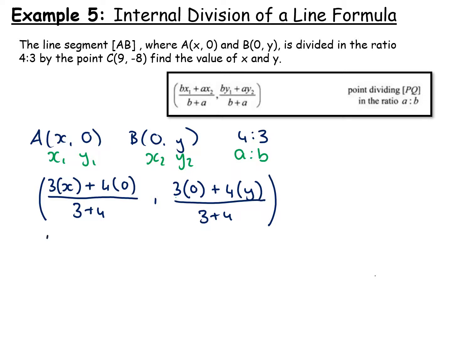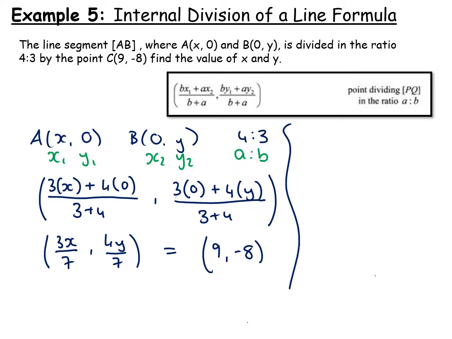And we end up with 3x over 7, and here we get 4y over 7. Now, we actually know that that should give us the point C, 9, minus 8. So we can create two little equations. The first is, well, 3x over 7 should give me 9. So what we get is 3x is equal to 9 times 7, so that's 63. So x is equal to 21.